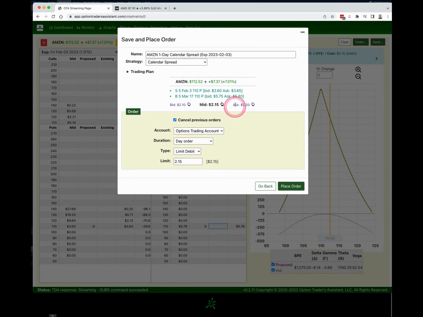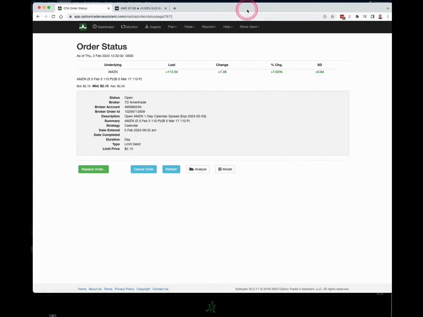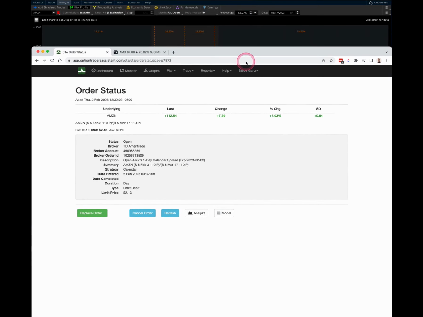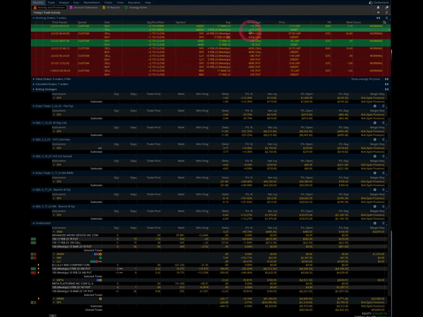And we were showing around 213 as the mid. This is showing 215. I'll try to see if we can buy that for 213 just in case, but probably not. But let's see. And we should see our order hitting right there at 215.